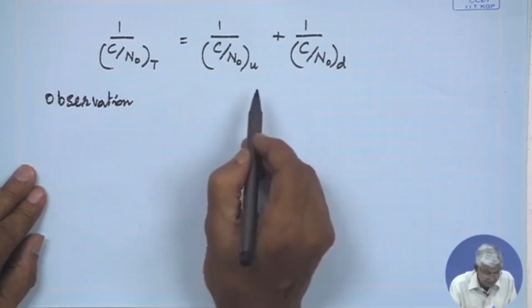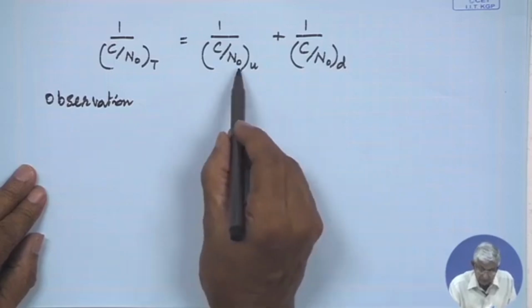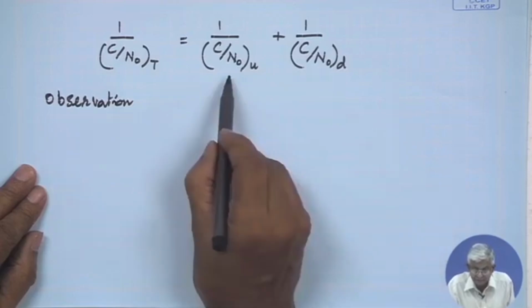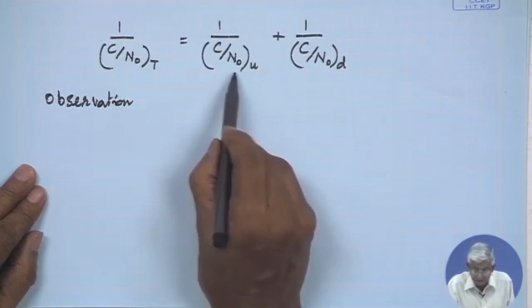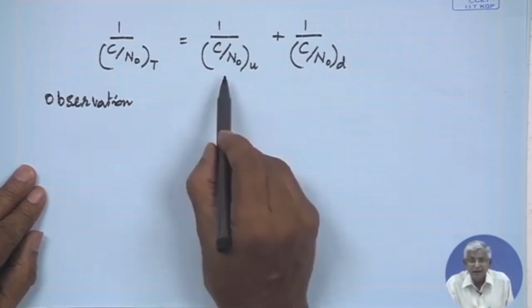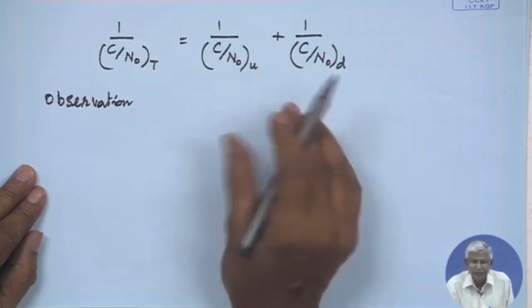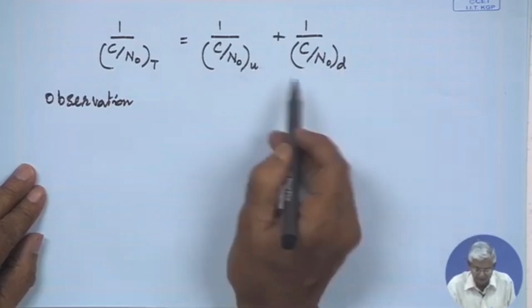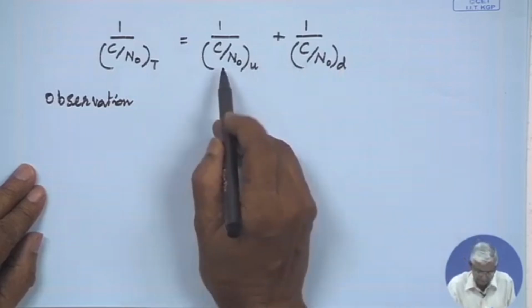We can straightaway see that if C by N0 uplink and C by N0 downlink are somehow made the same, it is called a balanced link. If I make it a balanced link, what is the effect?